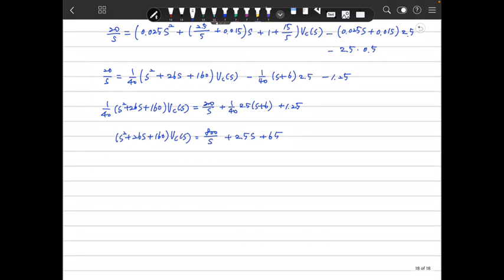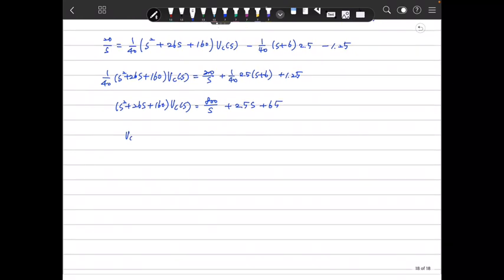So from there we get the simple VCS was 1 over s squared plus 26s plus 160, and we make some equation.